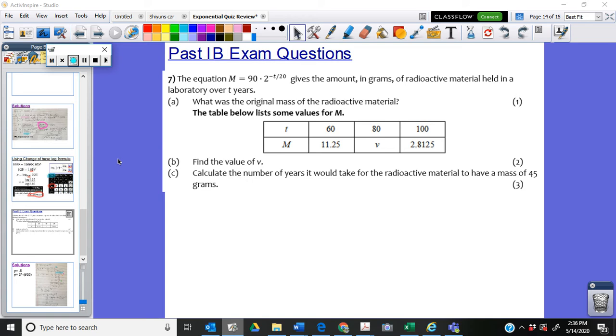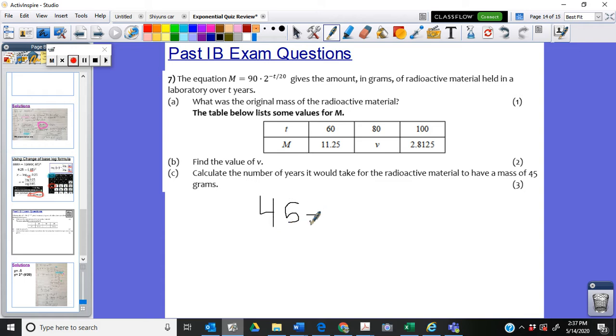So what I'm using is a review question for the quiz, and it is based on this exponential equation. What we're trying to find out is the number of years it would take for some radioactive material to get to 45 grams. So what we're doing initially is typing in 45.